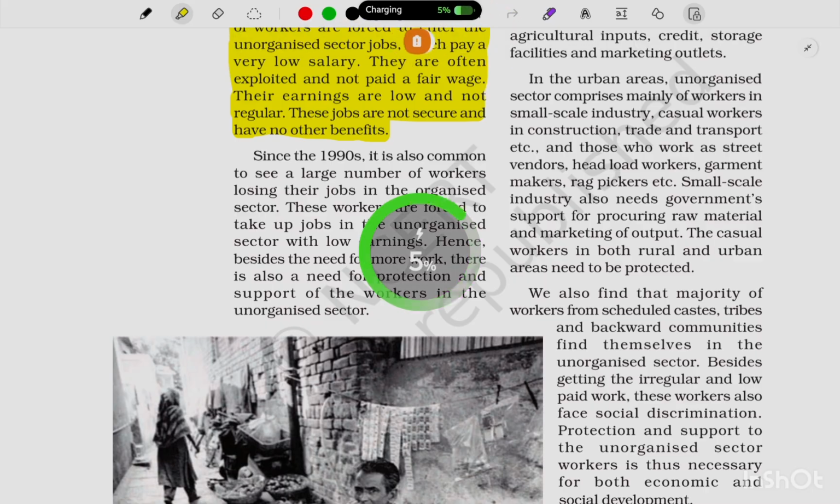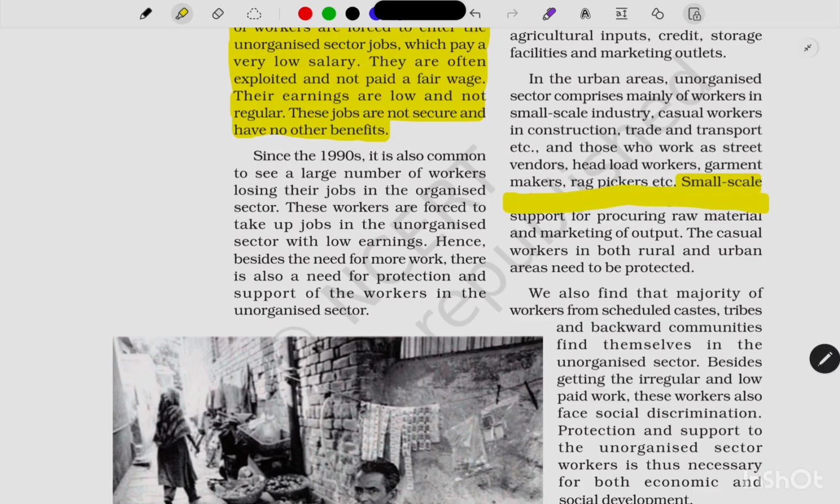heavy load workers, garment makers, rag pickers, etc. Small scale industries also need the government's support for procuring raw materials and marketing of output.